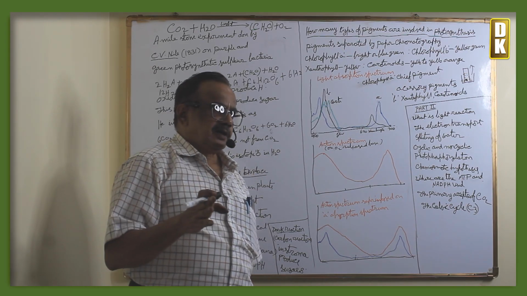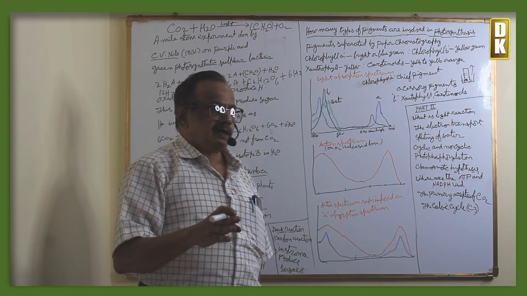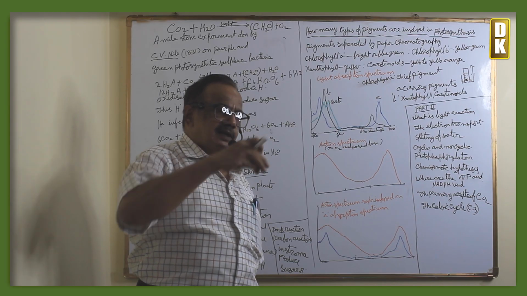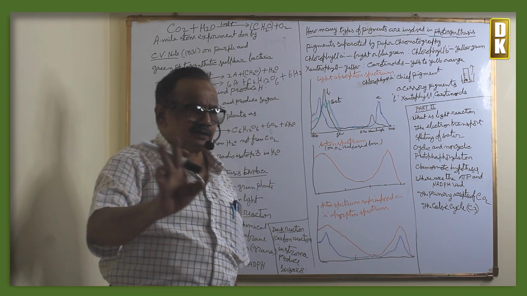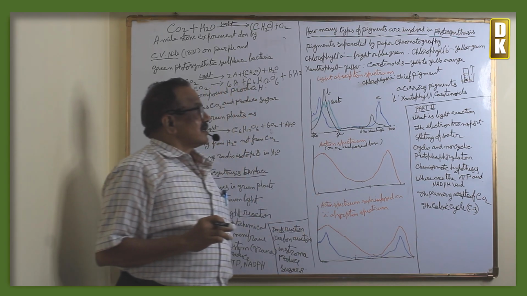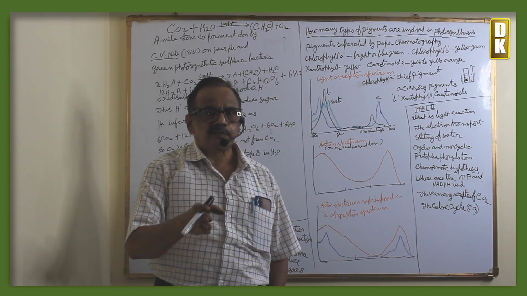Because xanthophyll will protect against photo-oxidation, and carotenoid will protect against heat, because when light is falling, heat will be generated, and that will be protected by the carotenoid. That is out of syllabus, not necessary. But the thing is, accessory pigments are important for protection.